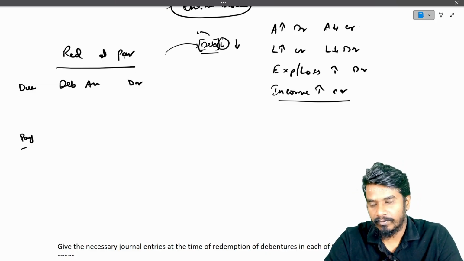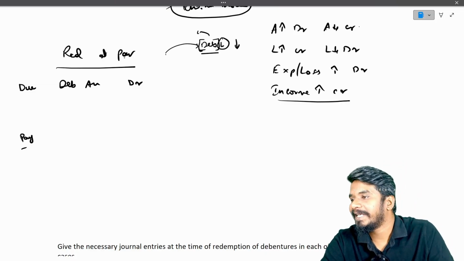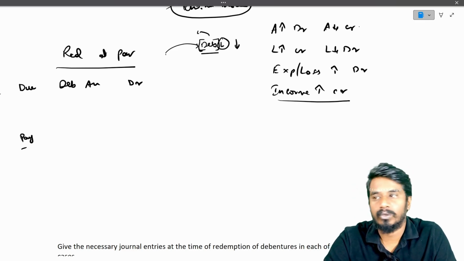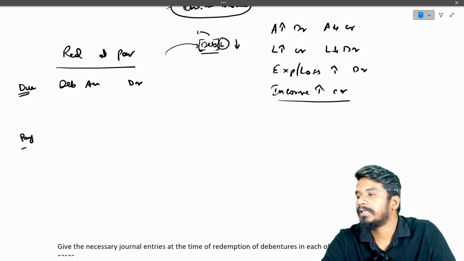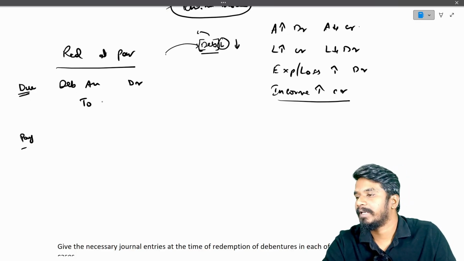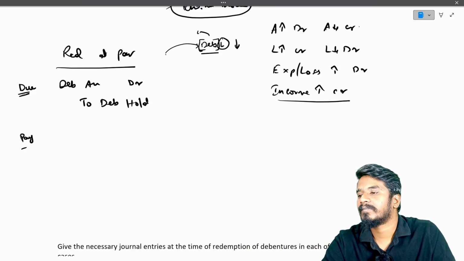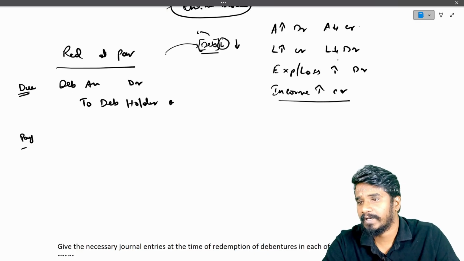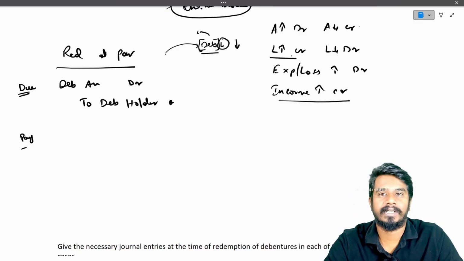Now, at the time of due, we need to pay the debenture holders. Debenture holders are our creditors, which is a liability, so debenture holders will get credited. If a liability increases, we need to credit it.